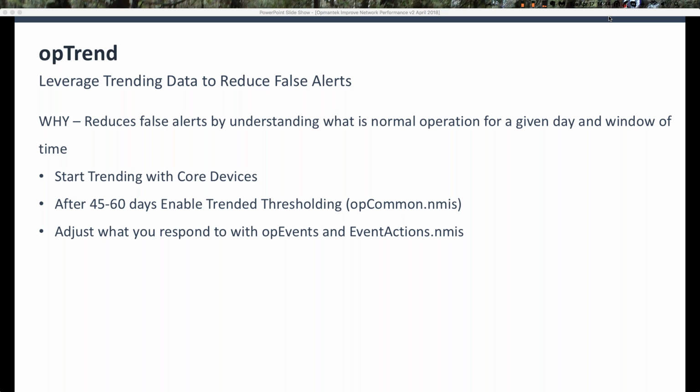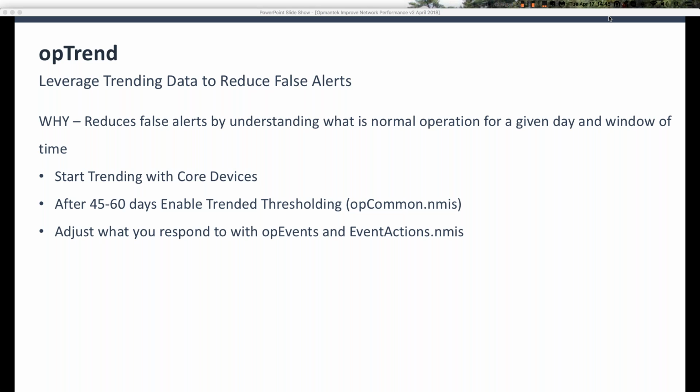OpTrend gathers information from NMIS, so it uses NMIS's performance data, and it keeps track of things like average CPU usage, average memory usage. It'll keep track of each of your interfaces and interface bandwidth, bytes per second. It'll also keep track of errors and retransmissions.